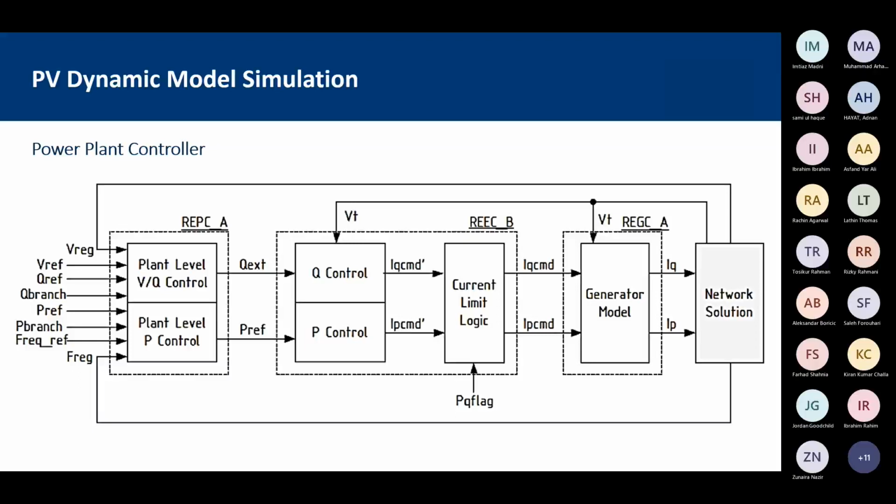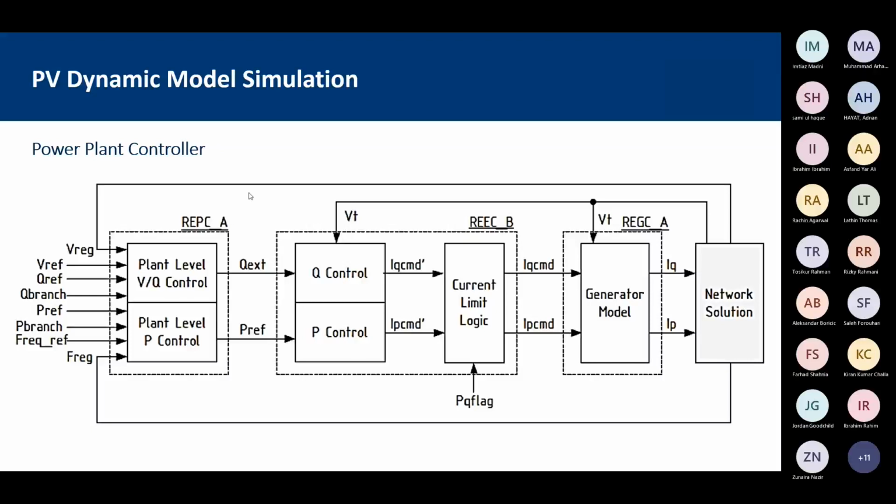So in order to meet those compliance requirements, we need to use a power plant controller on top of the inverter controller. This power plant controller obviously has several other parameters which it needs to monitor and control. So power control, Q control, current limit logic, and it has several reference inputs.